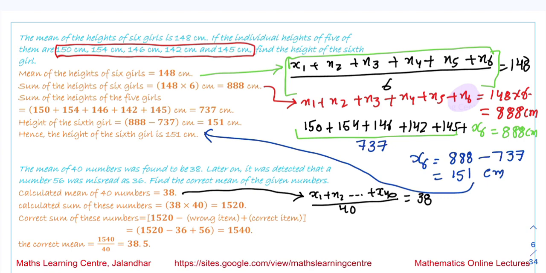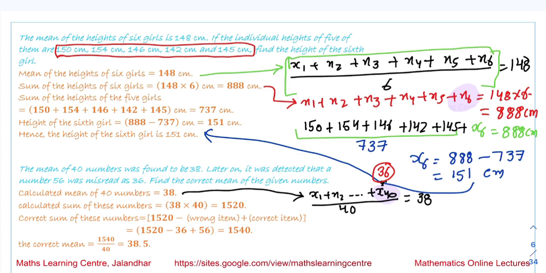So suppose x40 is the number that was misread. When we calculated the mean 38, this was 36, but actually this number was 56.